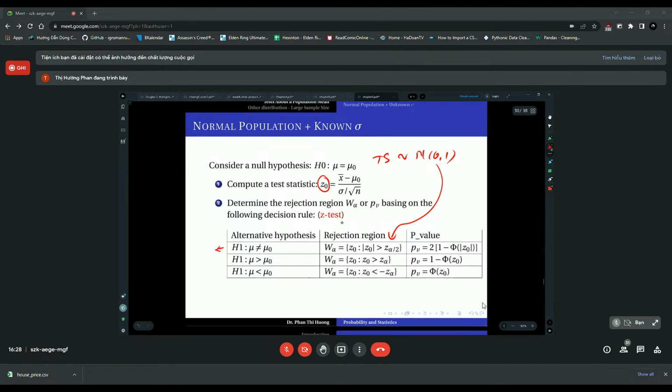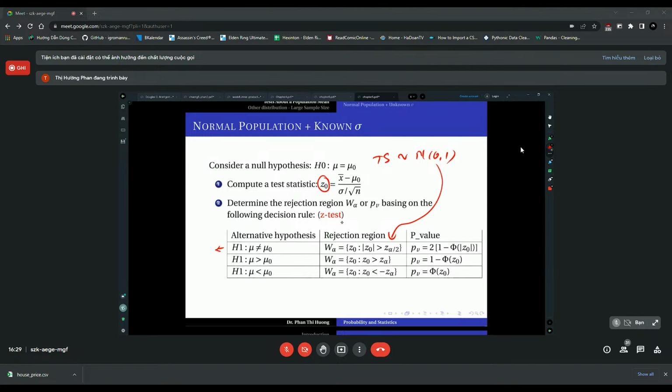For the other case, the one-sided alternative hypothesis, try to repeat the procedure by yourself and make conclusions for the rejected regions. It helps you understand the theory better.